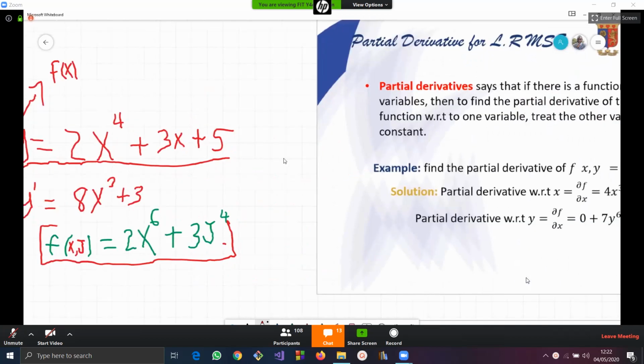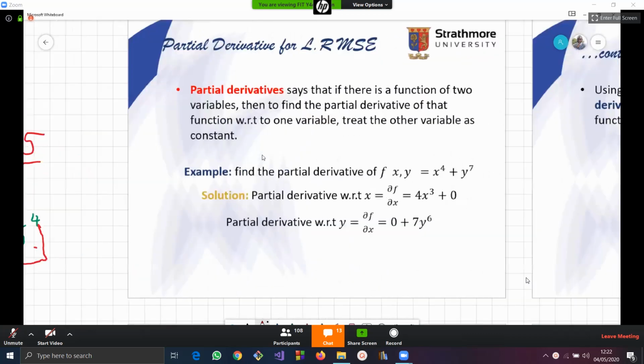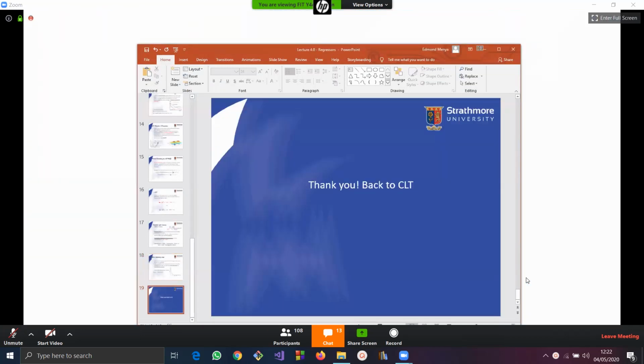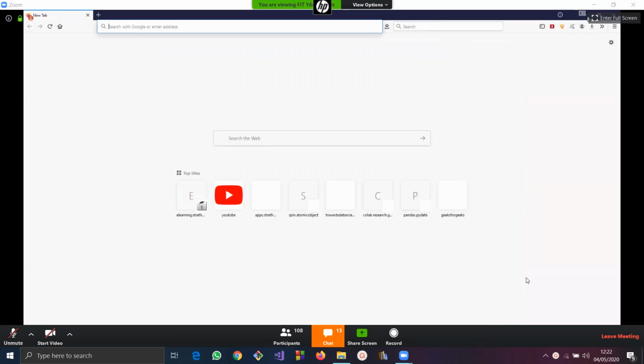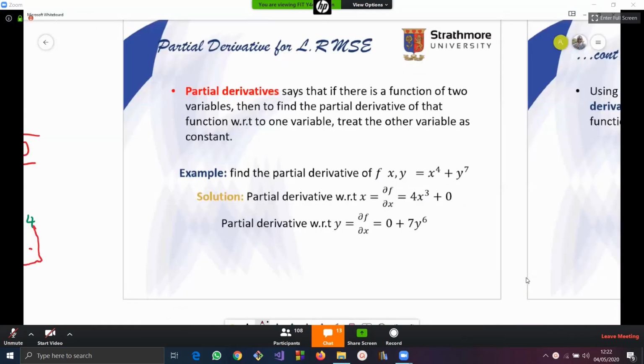Partial derivative is when you have multiple variables involved rather than just x. There's an example I have put up here. You can have a look at that example and go through it, to see how partial derivatives are done.